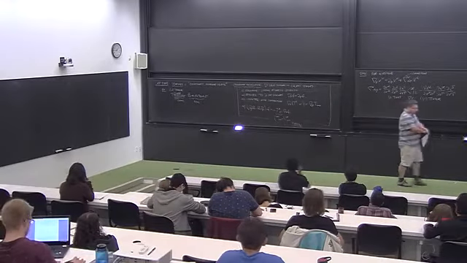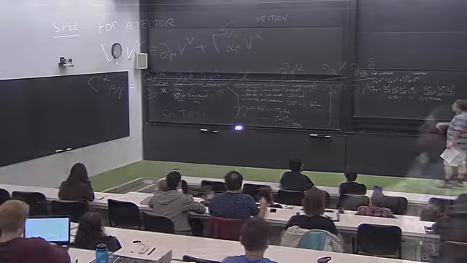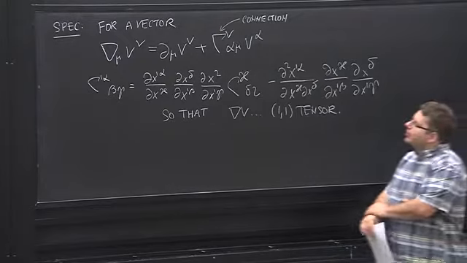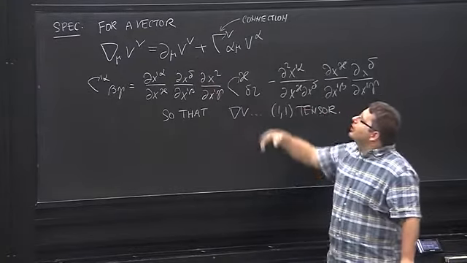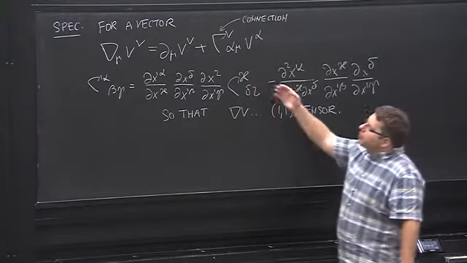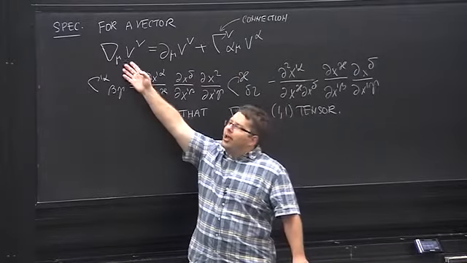Okay, so these are the properties of the covariant derivative, but that's not how we introduced it. I told you, well, for a vector, we can simply upgrade our partial derivative to add the connection term, and so adding this thing here, and requiring that this object actually transforms as a (1,1) tensor.